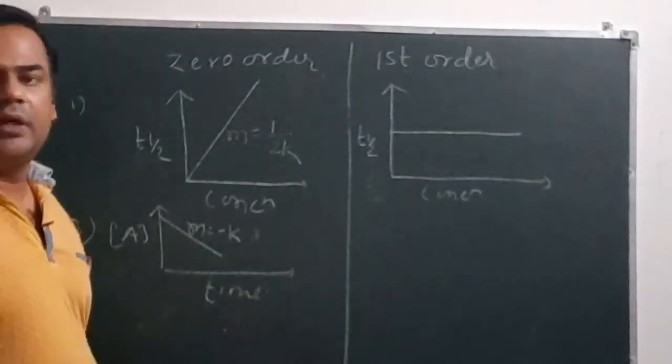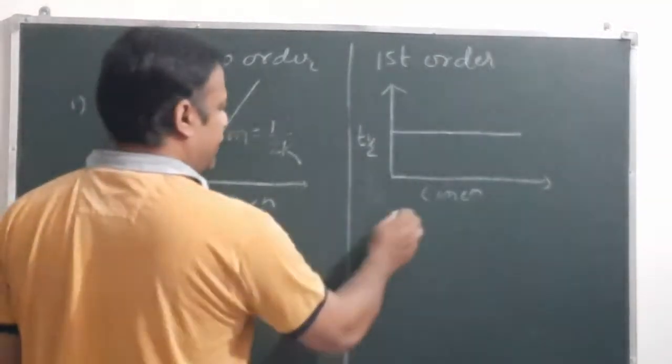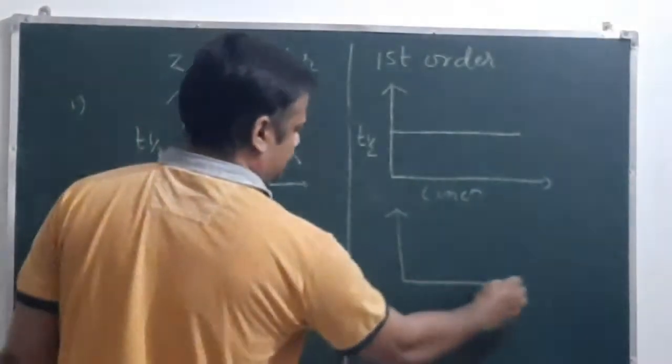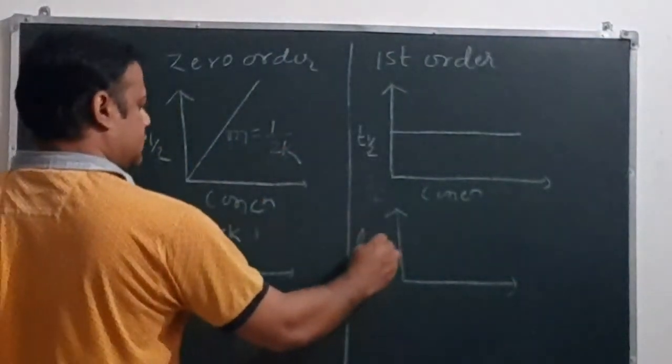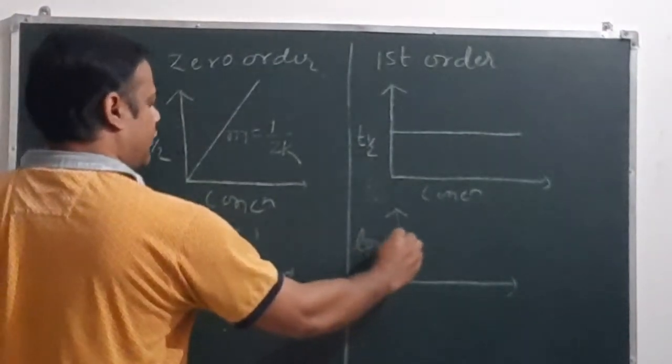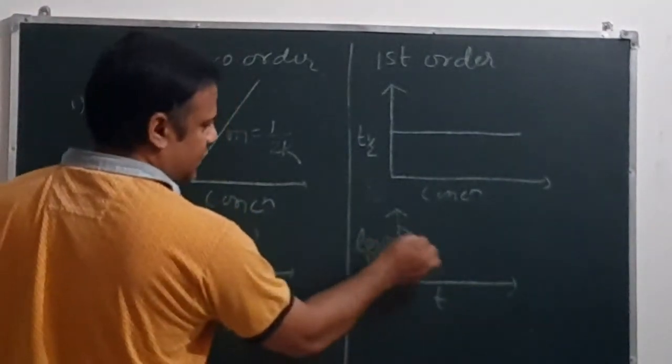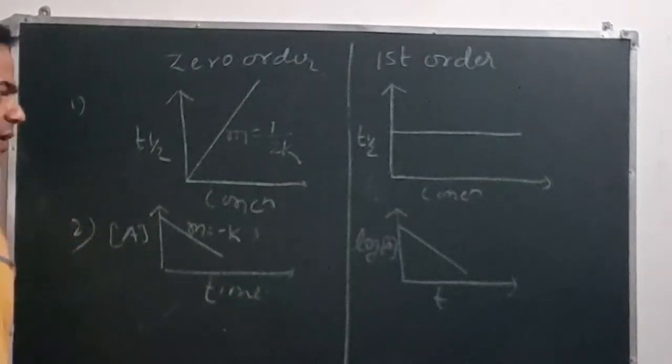In case of first order reaction, if we plot the graph between log A versus time, then again the graph will be a straight line.